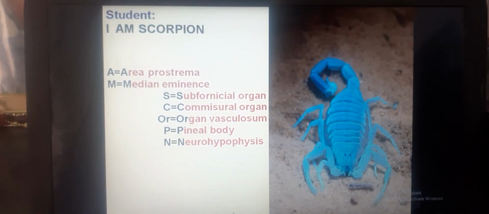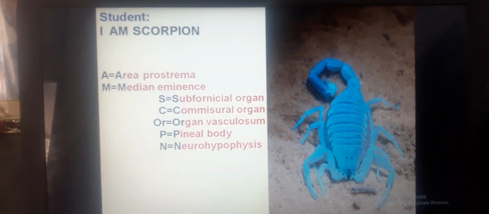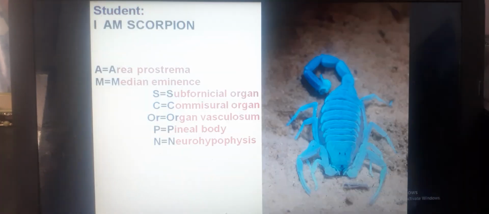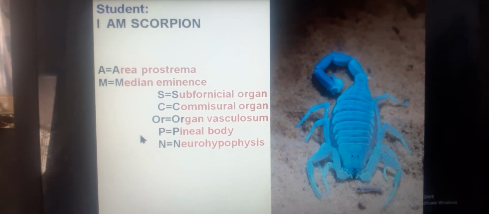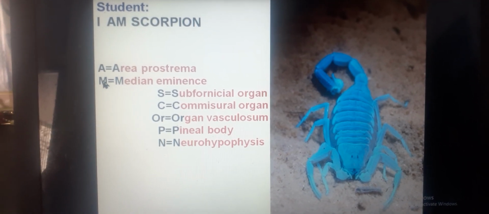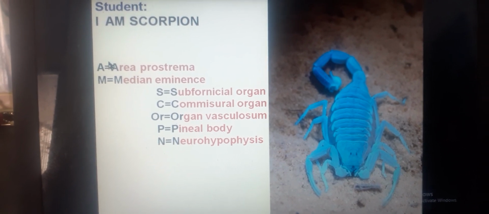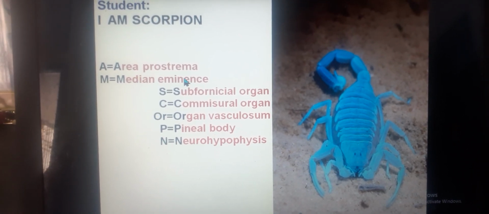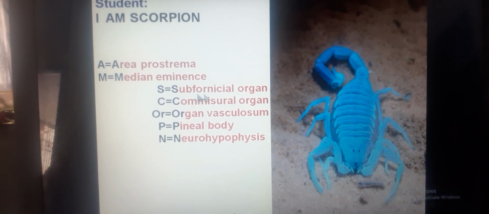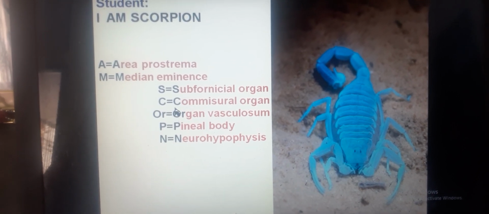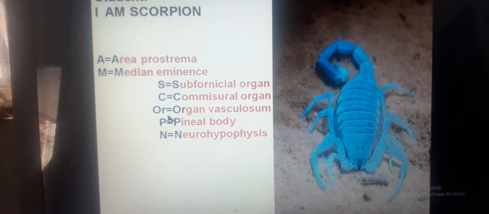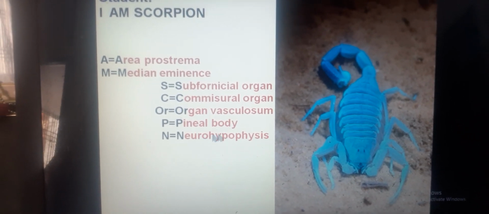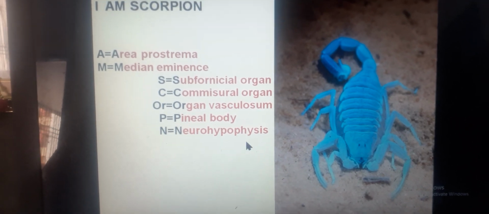Who are they? Student: I AM SCORPION. That is A for area postrema, M for median eminence, S for subfornical organ, C for commissural organ, OR for organum vasculosum, P for pineal body, and N for neurohypophysis.